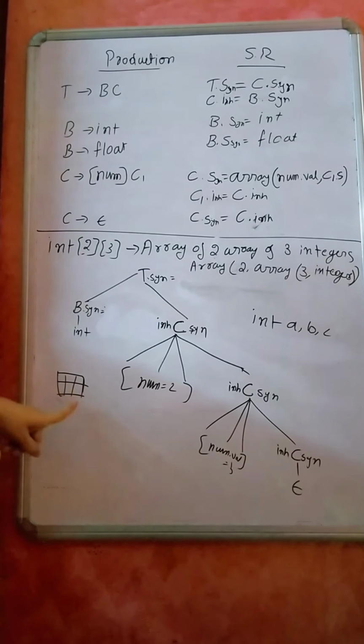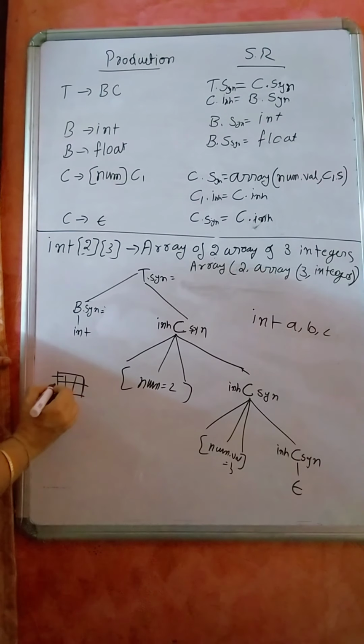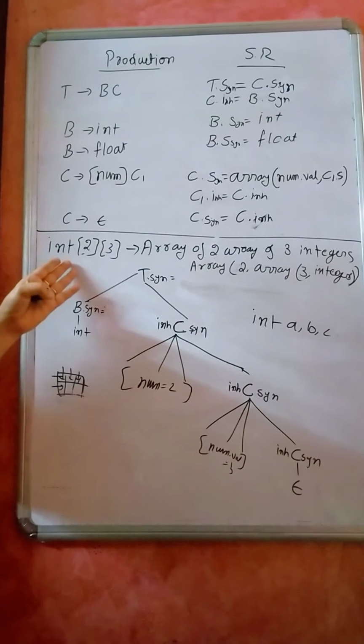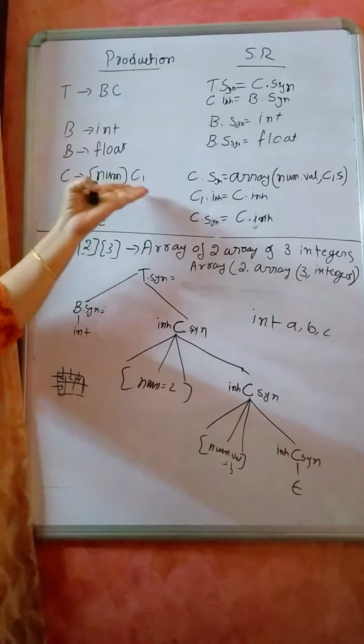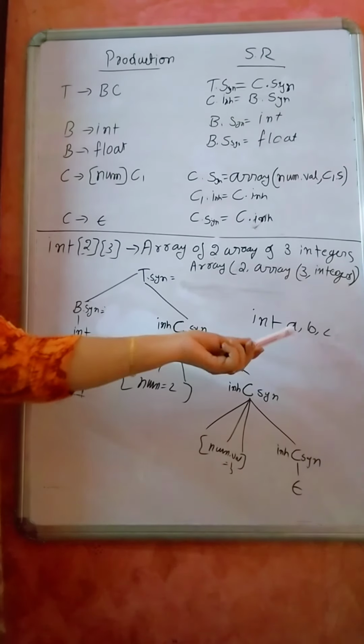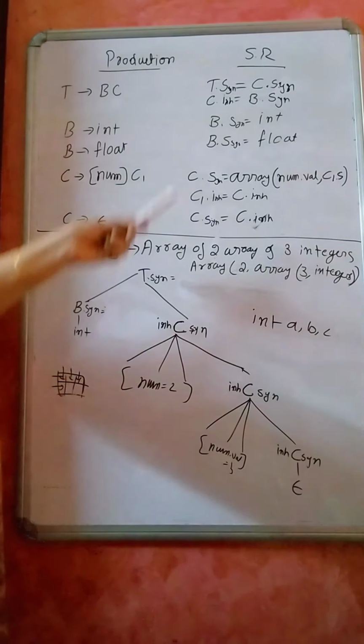So this will be read as an array of 2 arrays of 3 integers. This is how we will read this declaration. In order to support this, this grammar is defined. It is almost similar to the declaration I have explained to you, so you go through that.